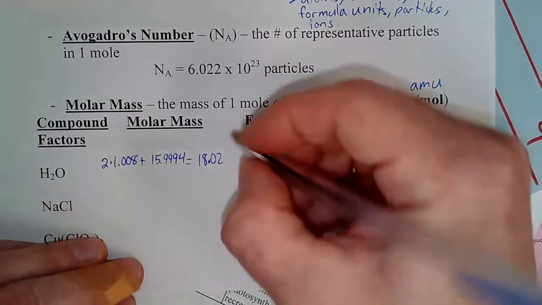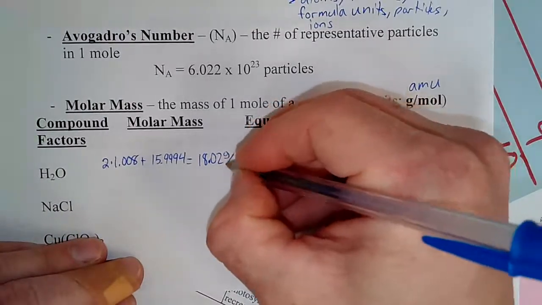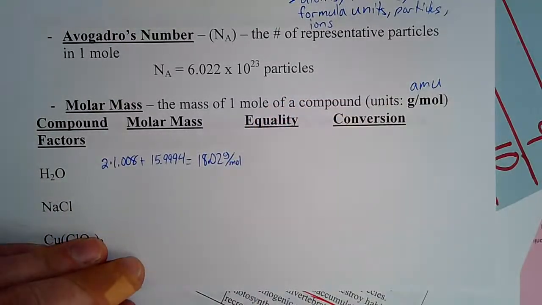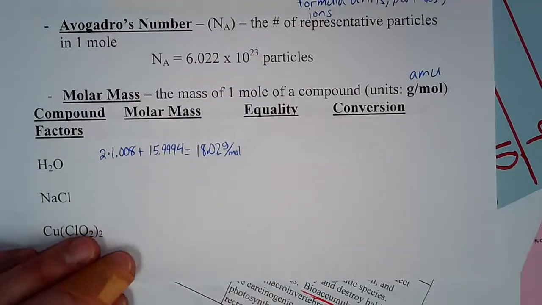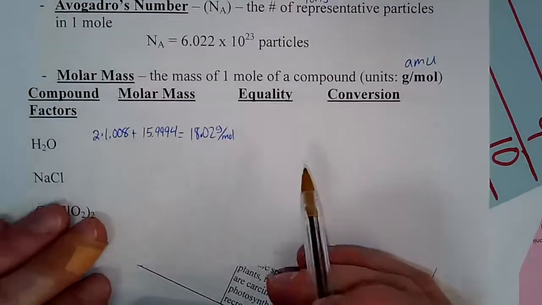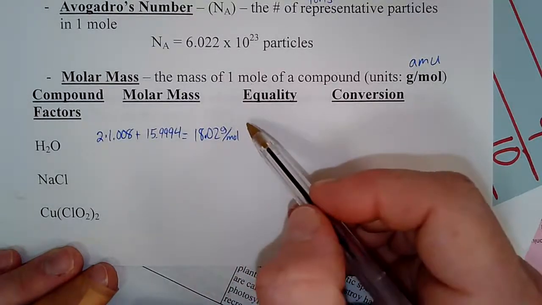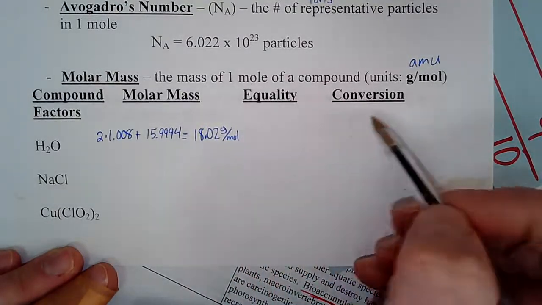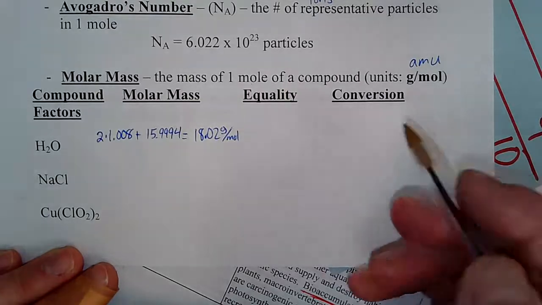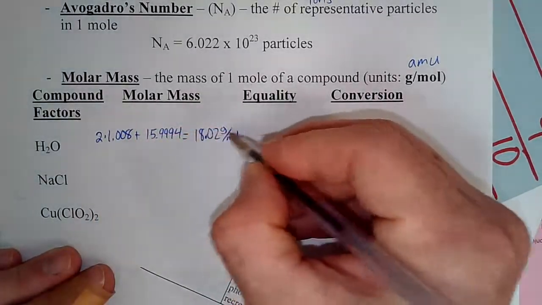Usually 3 or 4 significant figures will be enough for the conversions that you need to do. All right, we'll come back to this and do the equality and possible conversions there. We'll do that in just a moment.